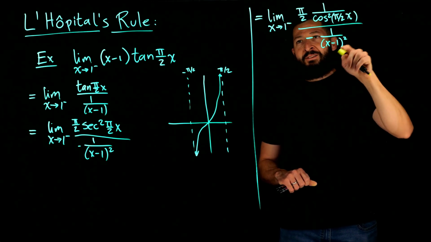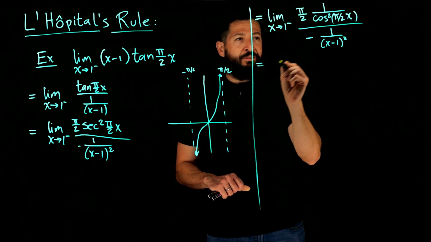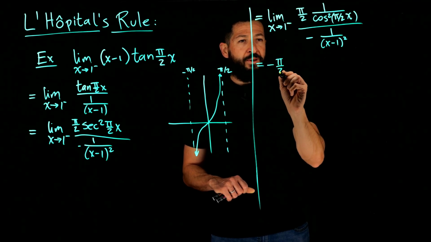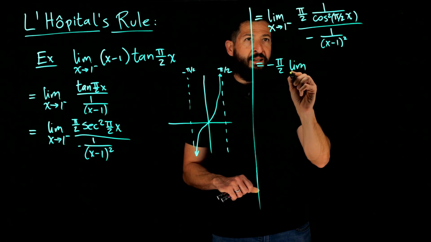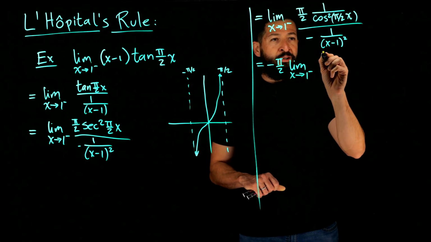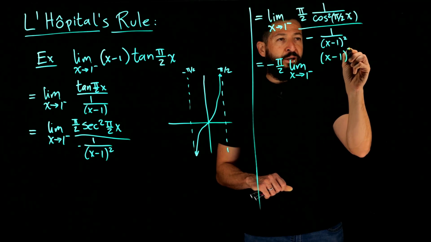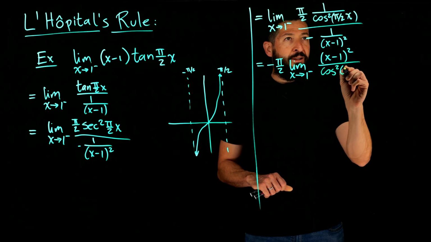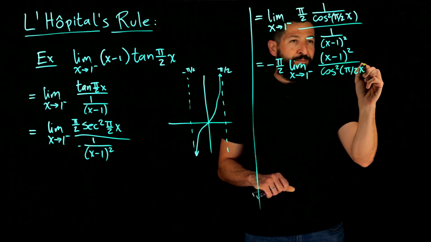I'm going to multiply times the reciprocal. So I'm going to take out my negative, put the pi over 2 out, and write my limit, taking out constants to make things look a little bit better. And I'm going to do the reciprocal here. I'm going to write x minus 1 squared over cosine squared of pi over 2x.